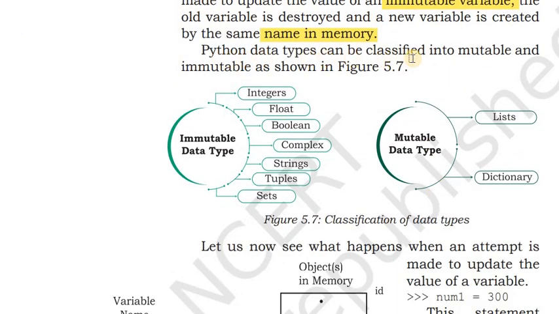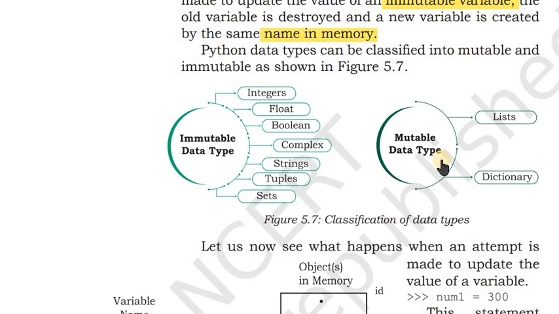Python data types can be classified into mutable and immutable as shown in figure 5.7. Now look here. Immutable data types, whose value cannot be changed after assignment, are integers, float, boolean, complex, strings, tuples, sets.